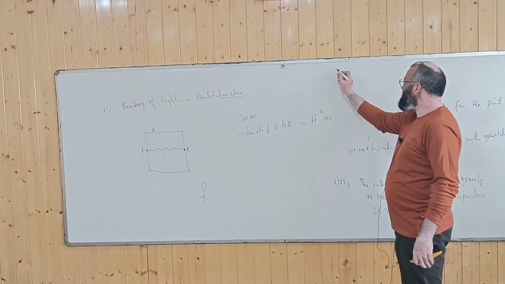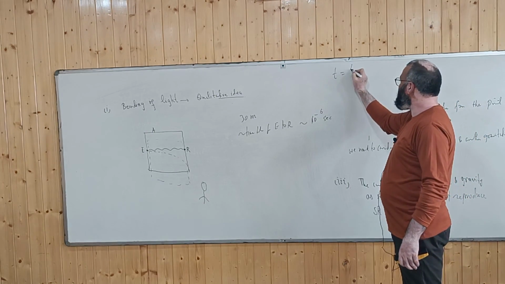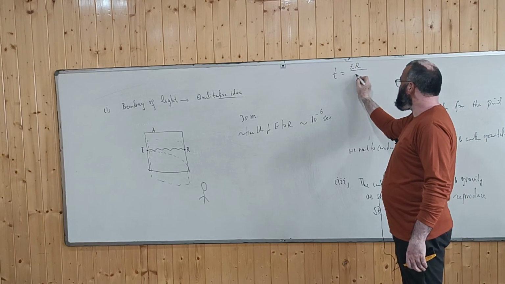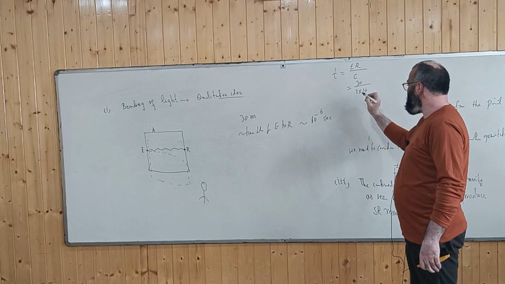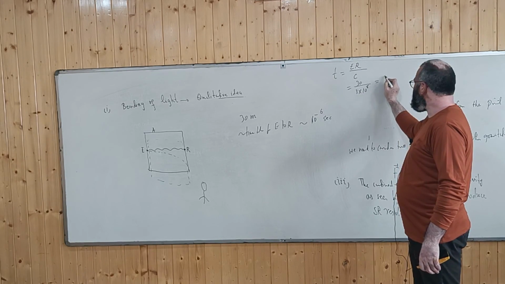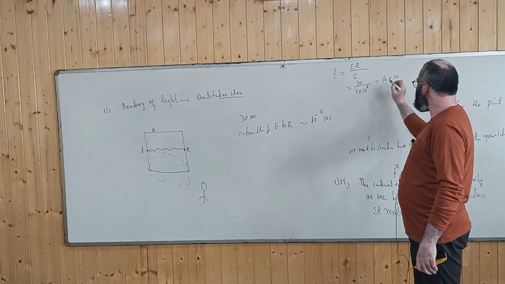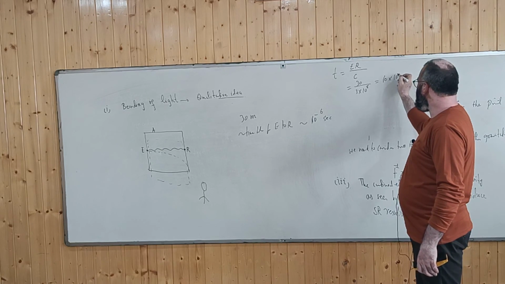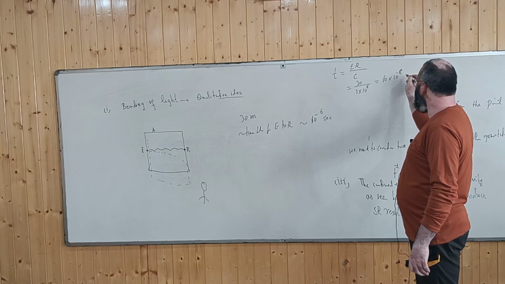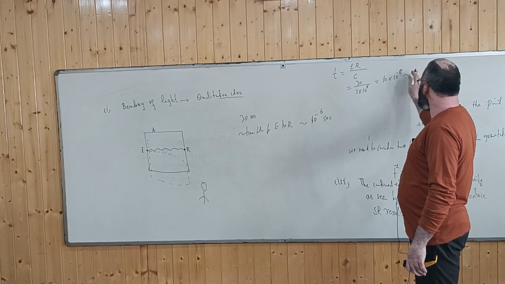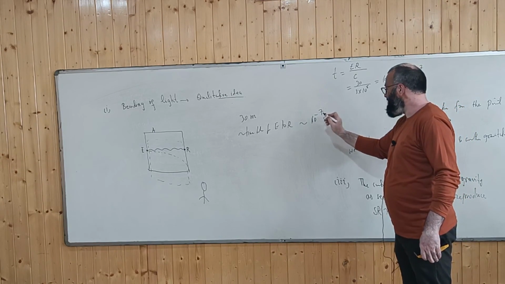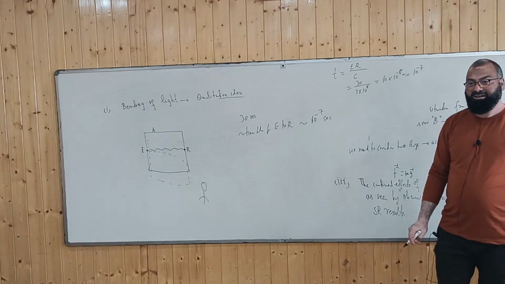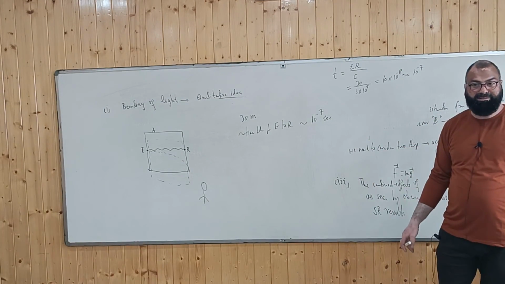T is equal to the length ER divided by c, which is 30 divided by 3 into 10 raised to 8. That is 10 into 10 raised to minus 8, approximately 10 raised to minus 7 seconds. So this much time it will take.